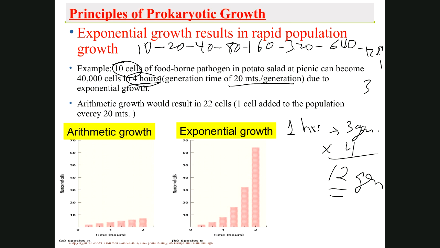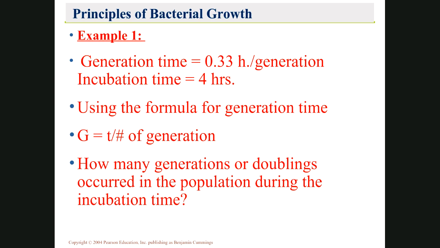So that would be 2,560 at the end of 8 generations. And then we carry that all the way to 12 generations. We end up with 40,000 cells, which is a tremendous number in a matter of 4 hours, starting out with 10. So that gives you an idea of how quickly the population of bacteria can grow. And that's because they have very short generation times. That's essentially why, because they can double in numbers very, very quickly.